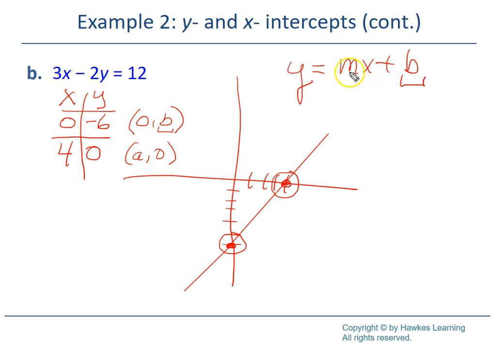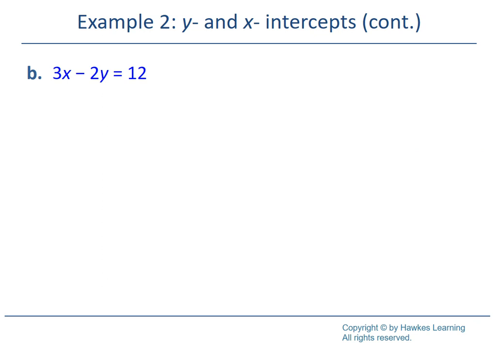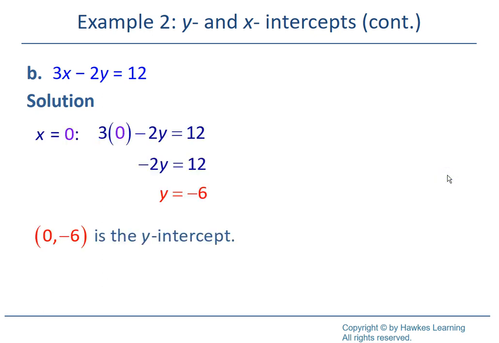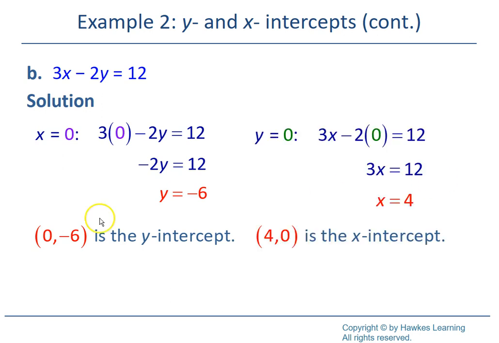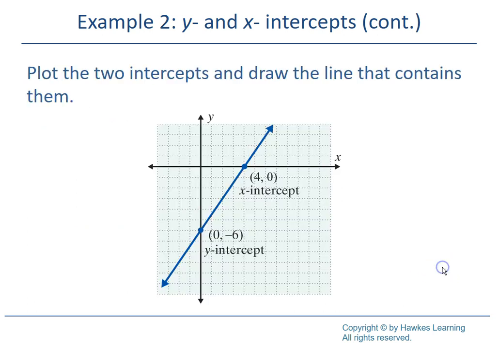So whenever we see an equation in this form, whatever is here in this b position will be your y-intercept. And we'll be treating that a little later. Again, I like putting it in the t-chart. But there's your y-intercept. There's your x-intercept. And when we plot it, that's what our graph looks like.